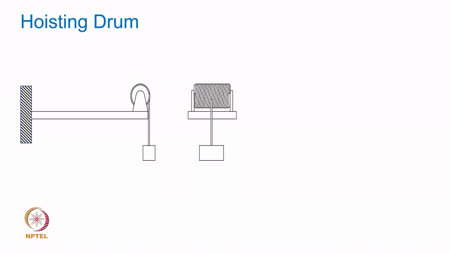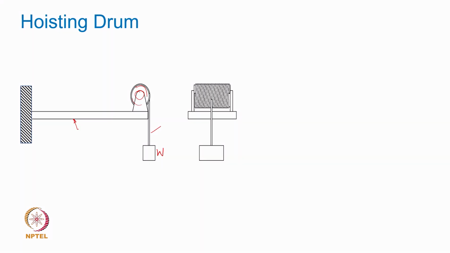We discussed a hoisting drum problem where this platform houses a winch or pulley system, a motorized pulley system, operating a wire rope so as to lift a weight.